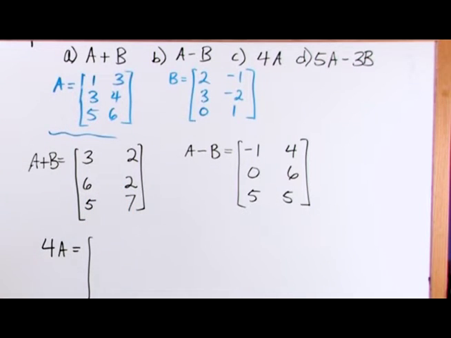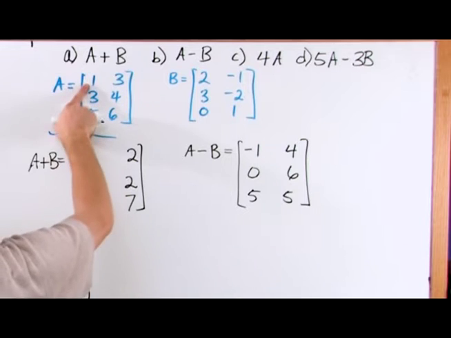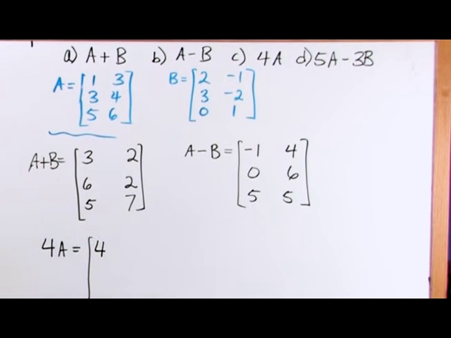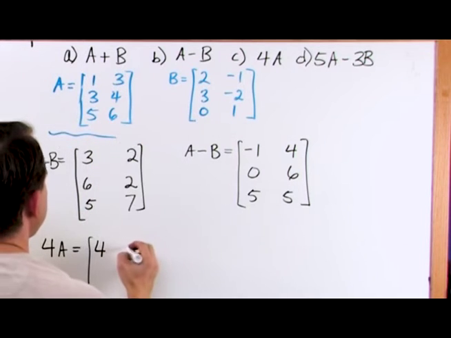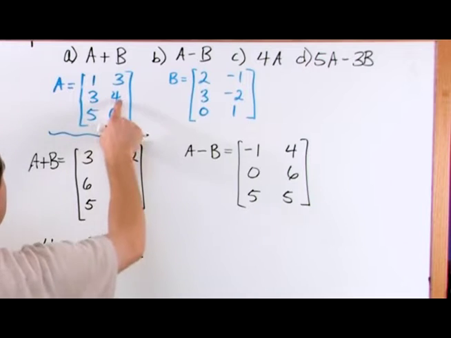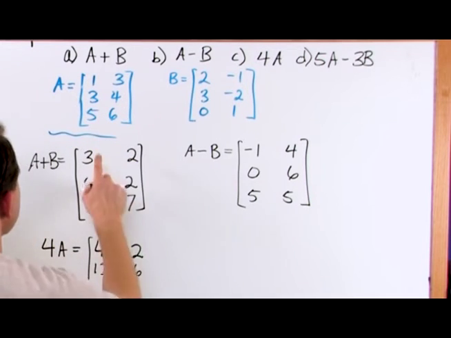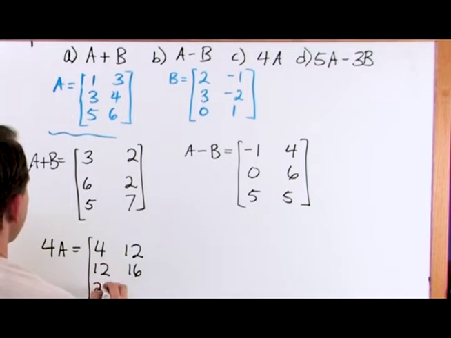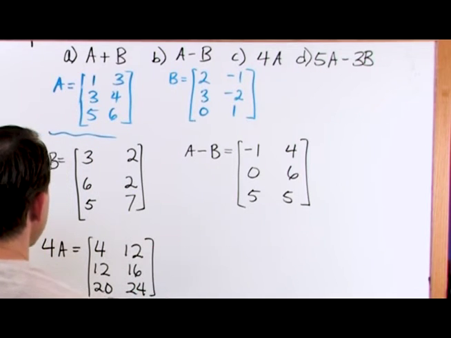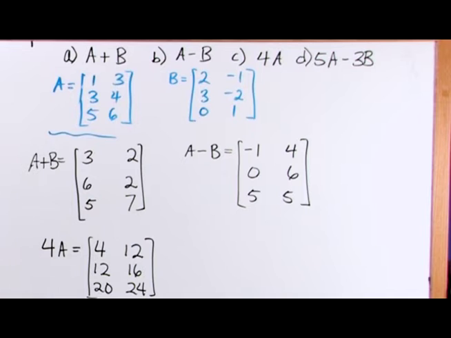Starting at the top, 4 times 1 gives you 4. 4 times 3 gives you 12. 4 times 3 gives you 12. 4 times 4 gives you 16. 4 times 5 gives you 20. 4 times 6 gives you 24. So you should get 4, 12, 12, 16, 20, 24.